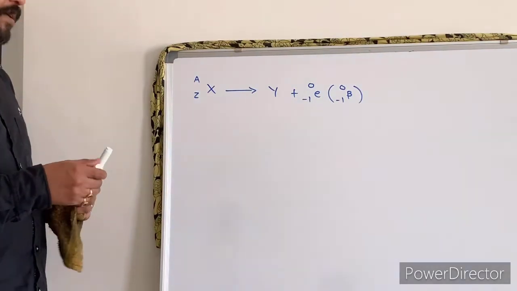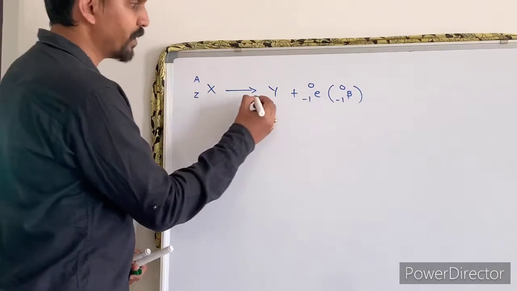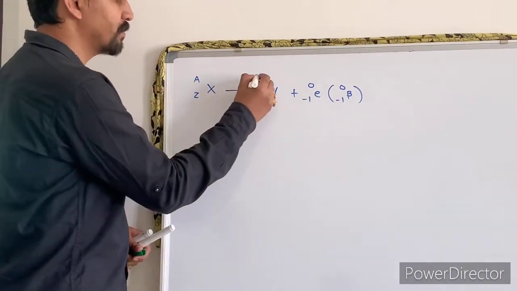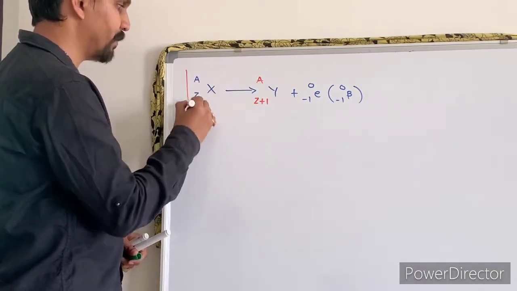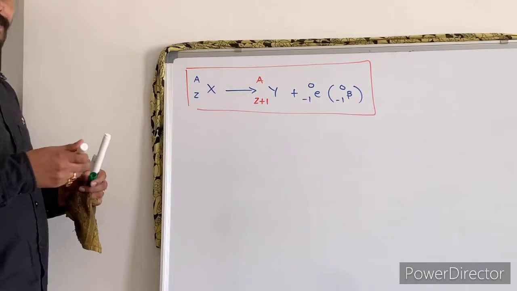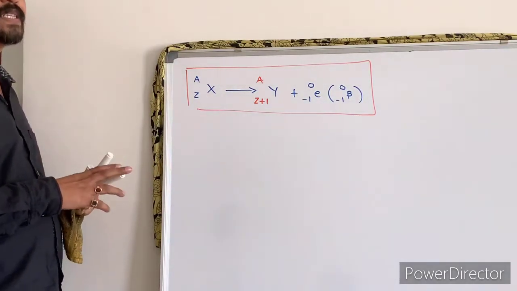So the new element formed has its atomic number increased by 1 but mass number remains the same.